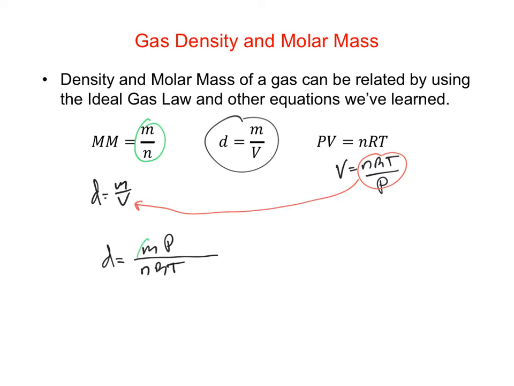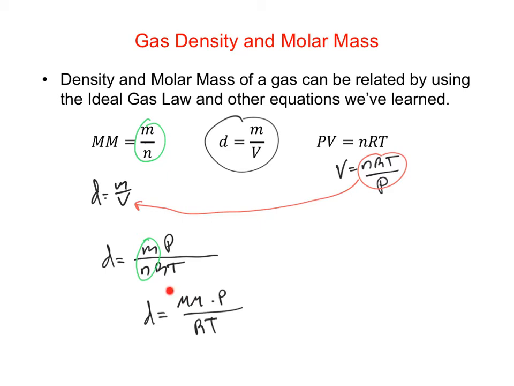And I have the mass divided by the moles here. So I can replace the mass divided by the moles with the molar mass. And so that gives us an alternate form of the ideal gas law where density is equal to molar mass times the pressure over RT. And so this gives us an equation that relates the density of a gas to its molar mass.